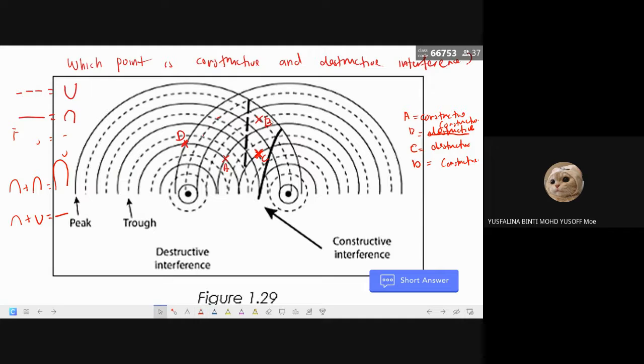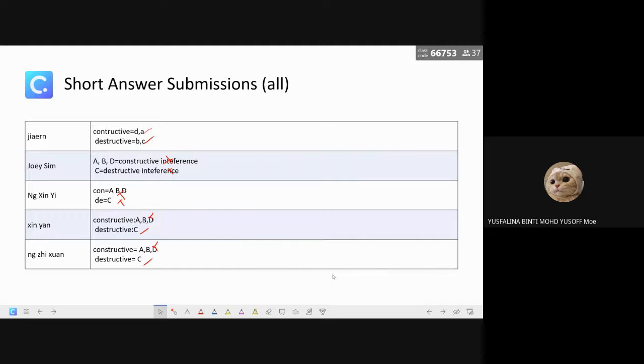Sorry, this one is a trough with the trough, so it should be constructive. So you got it wrong, sorry. Most of you got it correct. A, B, D are constructive and C is the destructive. Only one is destructive.